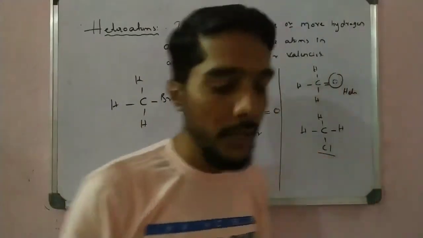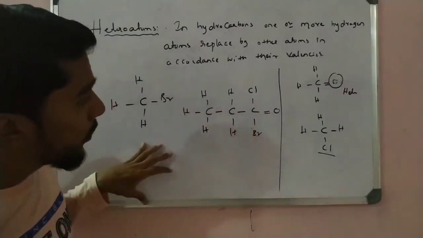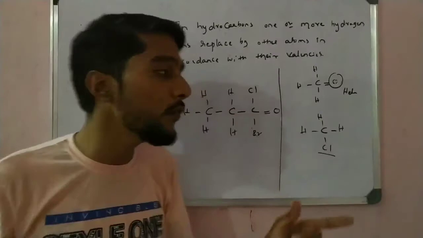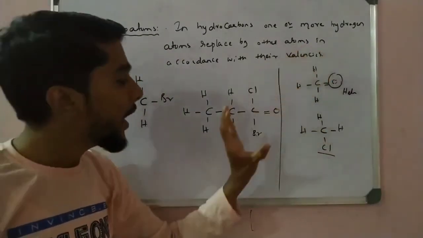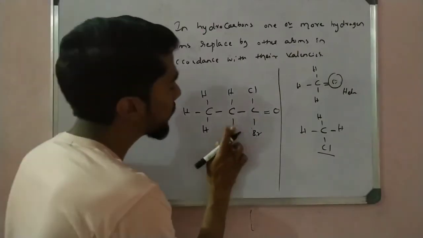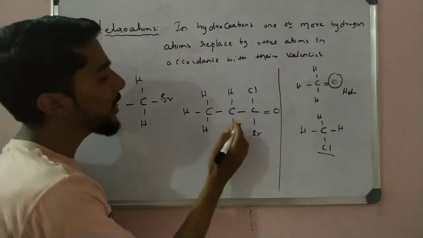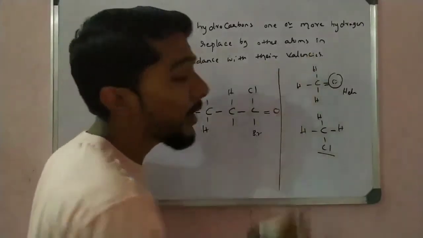So simply, in a hydrocarbon chain, one or more hydrogens are removed, and after removing we get a free valency, and according to that valency we fit the other atom. That must satisfy the valency. If I remove this one, here one valence is there, so put another Cl, such that the other atom is in accordance with the valencies.